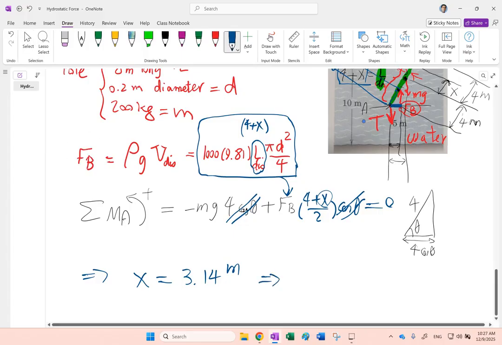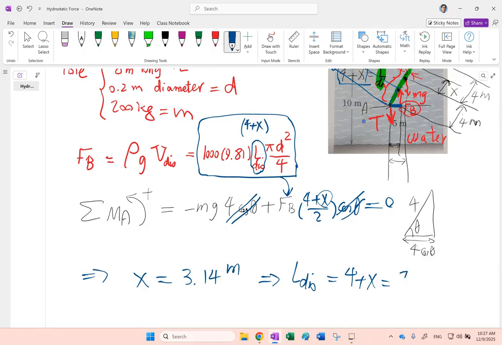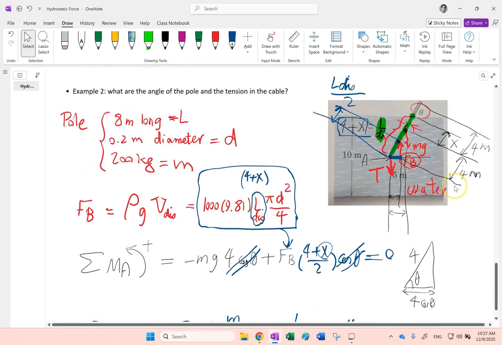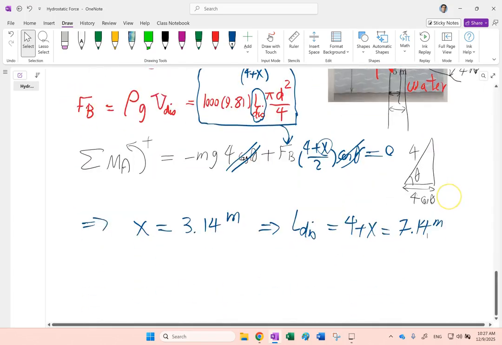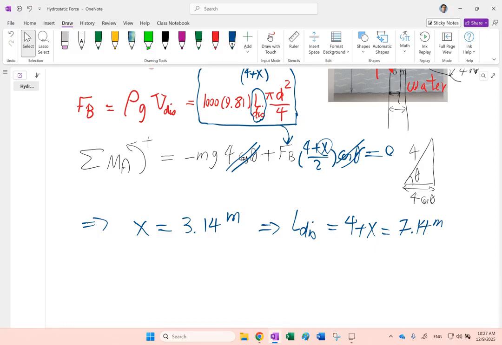In other words, the displaced length is 4 plus x, which is 7.14 meters. So out of 8 meters, 7.14 of that is underwater to keep it completely stable, statically at equilibrium.